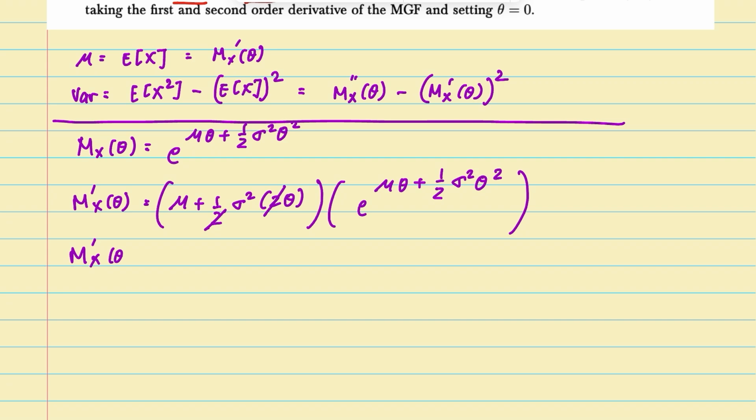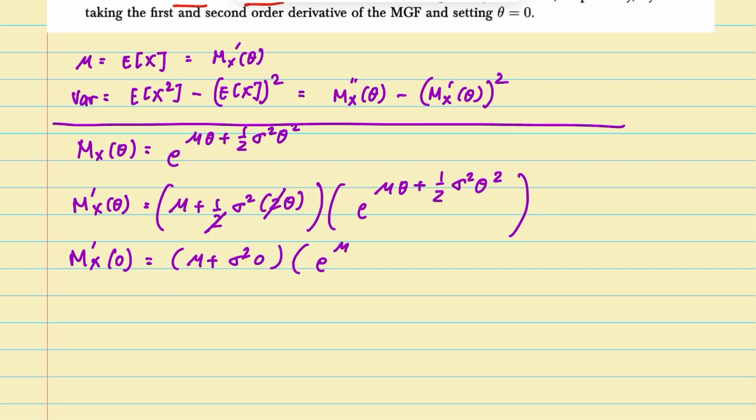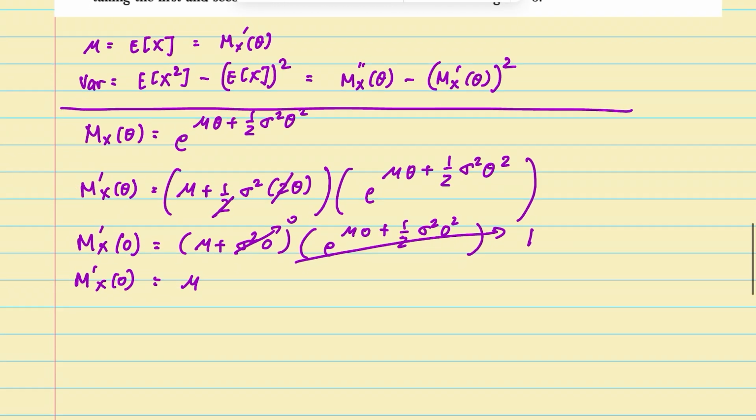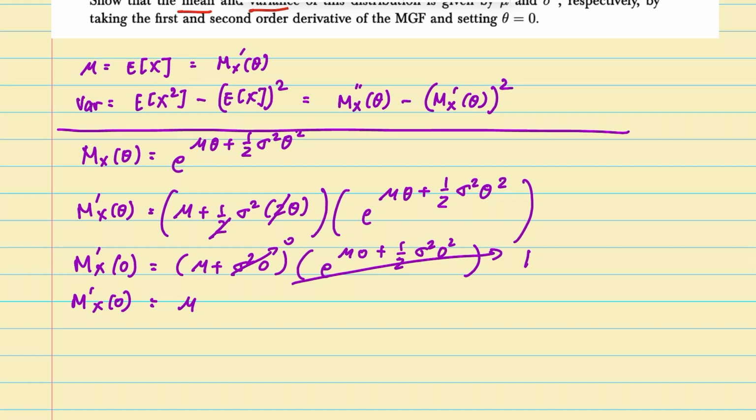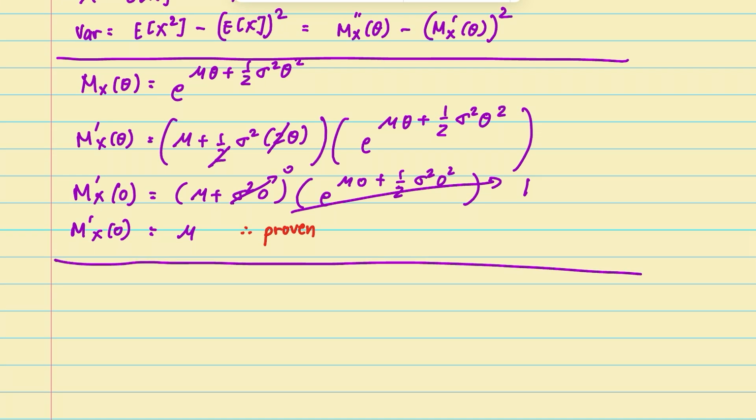Now, please remember that theta is actually 0. So you have mu plus sigma squared times 0, times e to the power of mu times 0 plus half sigma squared 0 squared. This is basically 0, and this whole thing is 1. So it's just mu. So we have proven that the first derivative of the MGF, which is the mean, is mu. Proven.